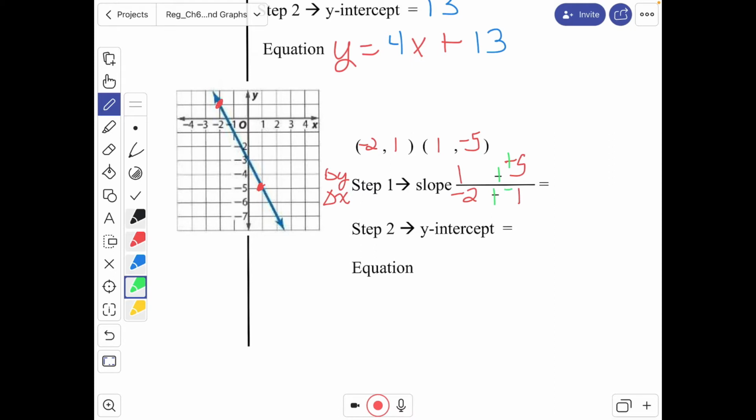And same thing on bottom. Keep, change, change. Now I have 1 plus 5, which is 6. And -2 plus -1 makes -3. And again, it's improper, so we can just divide. 6 divided by -3 makes -2. So the slope is -2.